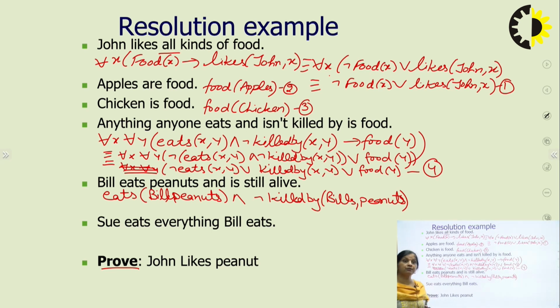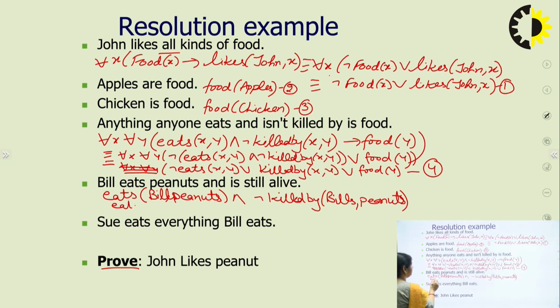Conjunction means P and Q is true. It means P is true as well as Q is true. So simply we will segregate. We will get two propositions corresponding to this, because conjunction is removed by taking the two conjuncted propositions separately.